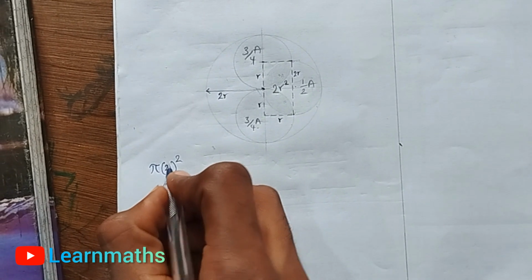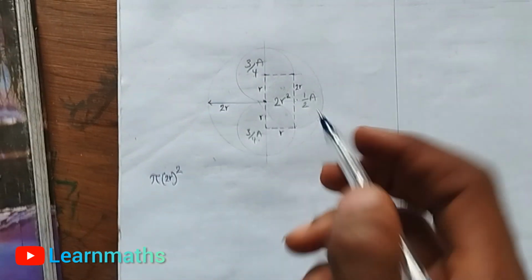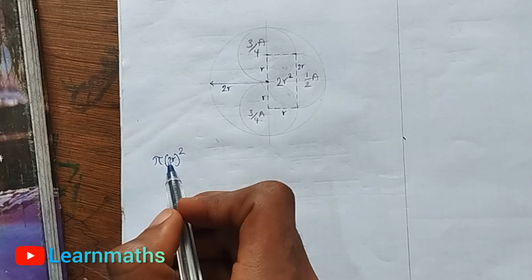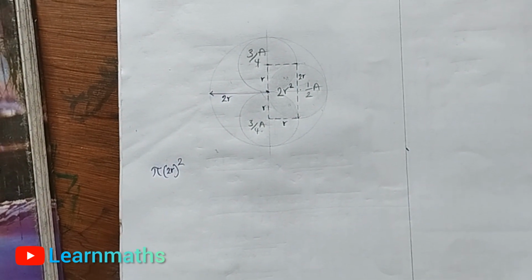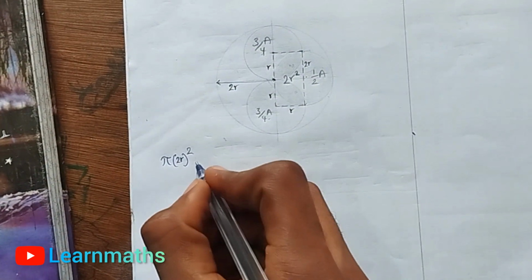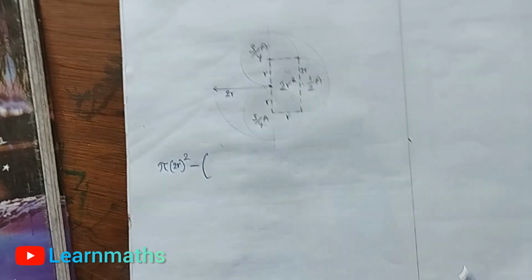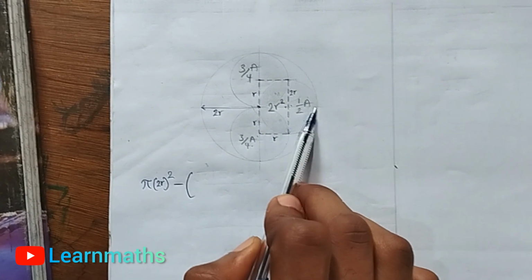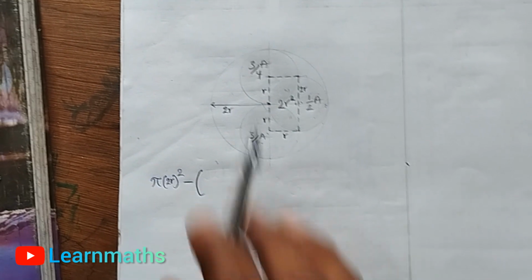That's 2r, right? 2r, that's the radius of the outer circle. It is 2 times the radius of the smaller circle. You understand? All right, so we are going to be subtracting this area, this area, this area, this area, right? We're going to be subtracting these areas to get the remaining area, which is the unshaded portion.